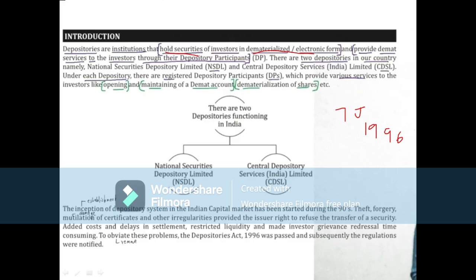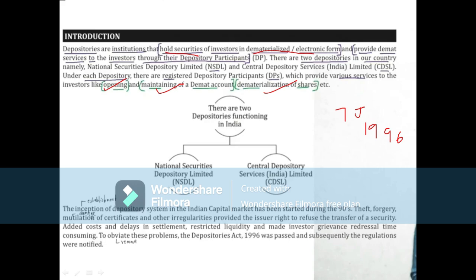Under each depository there are registered depository participants, which provide various services to investors, like opening accounts, maintaining a demat account, and dematerialization of shares, etc.